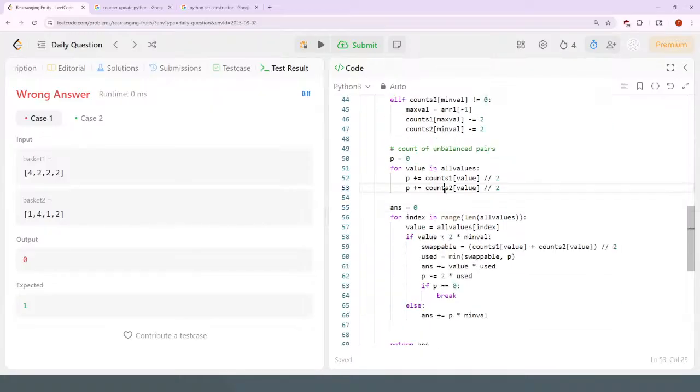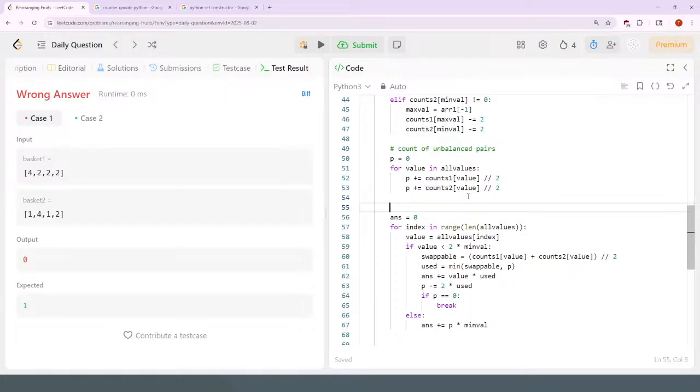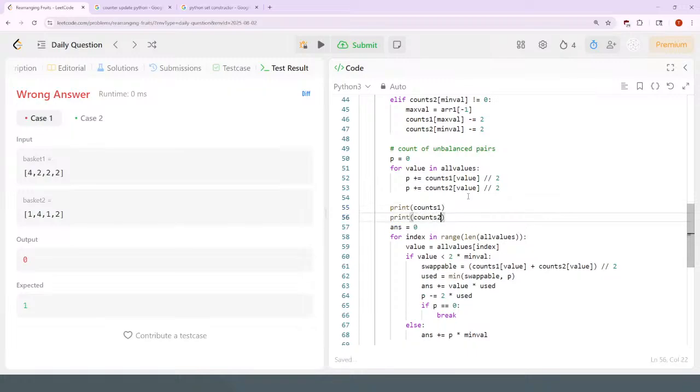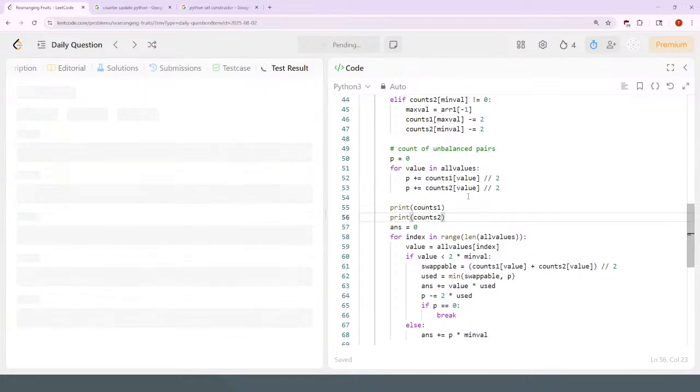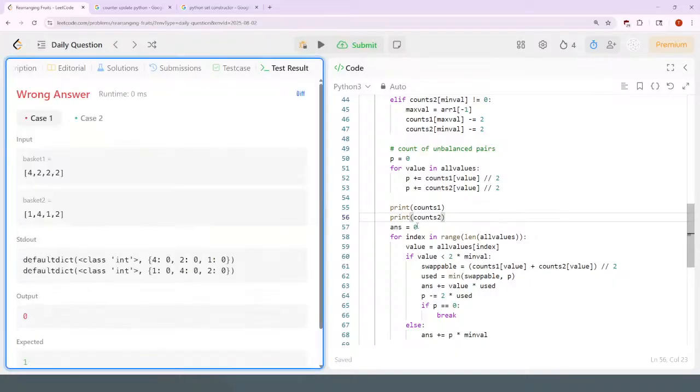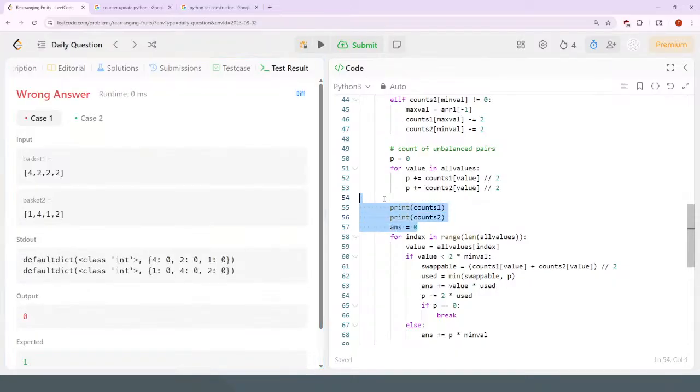Okay, let's go ahead and print out counts 1 and counts 2 here. Oh whoops, I returned answer equals 0 right there.